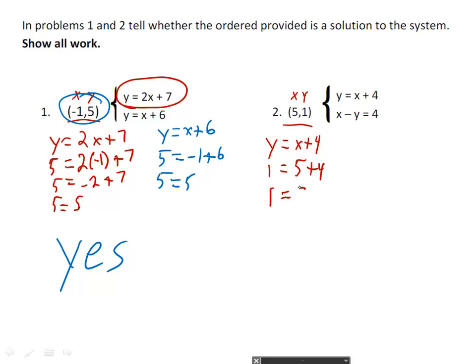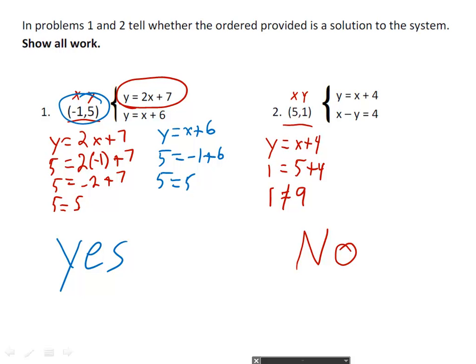And you can see that y equals 9. So already, since it did not work in the first equation, I don't even have to check the second equation. If I get one that it doesn't work in, I'm done. And that is not the solution for that system of equations.